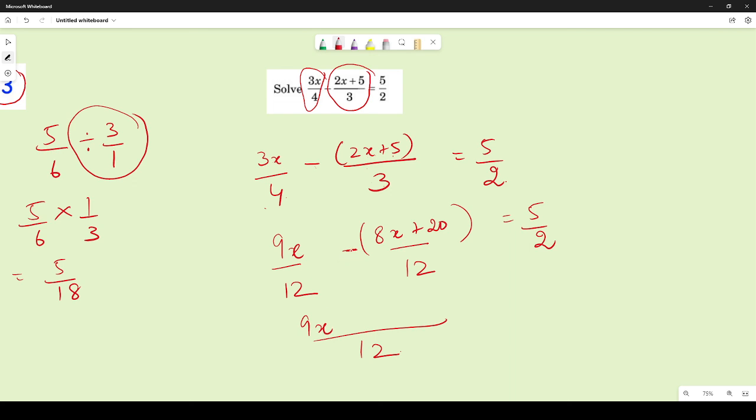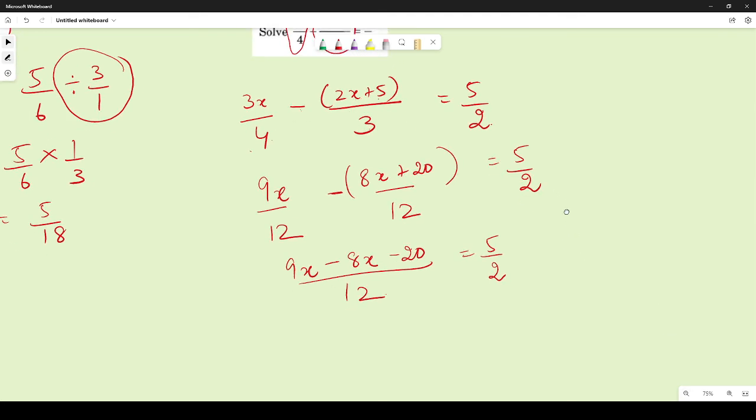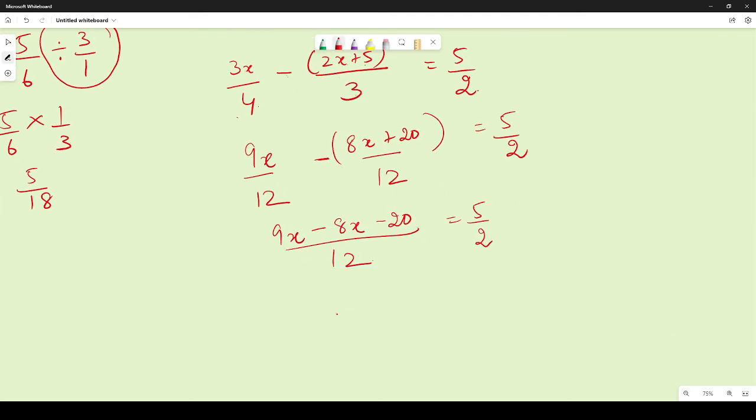Whenever you have a negative sign outside the bracket, all the signs inside change. So this becomes 9x minus 8x minus 20 equals to 5 by 2. Now we solve it and we get x minus 20 by 12, this is the fraction which we are getting, equals to 5 by 2.